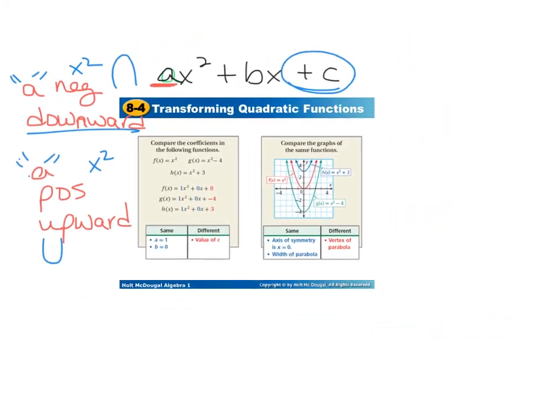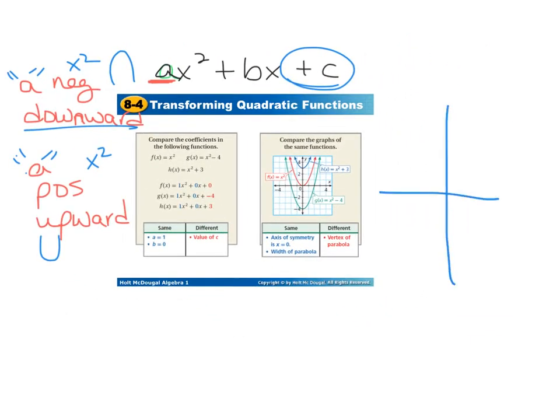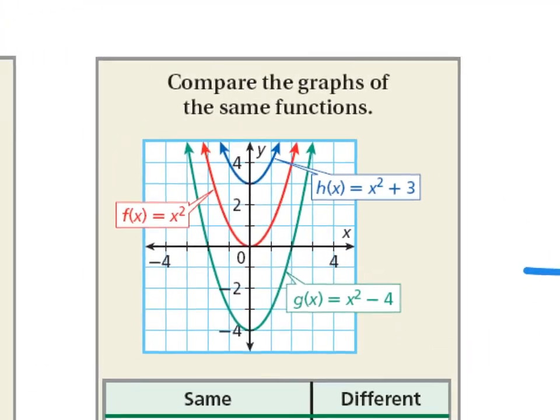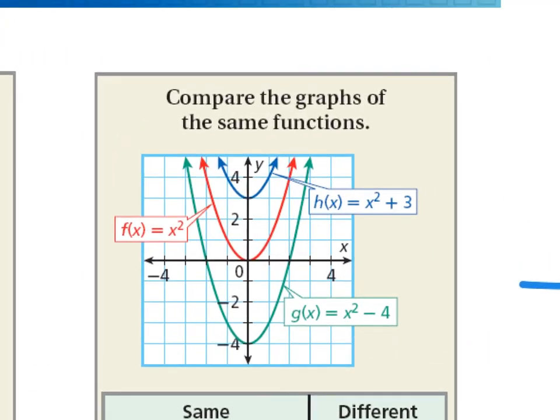The c, for example, and actually I'll zoom into this. Notice this one, the red one, there's no c. It's 0, right? So right here, it's hitting the y-axis at 0. But as soon as I change the c, so right now the red was x squared plus nothing. As soon as, to the green one, I change that and put a -4, it's sliding it down. Yeah, I understand. Okay?